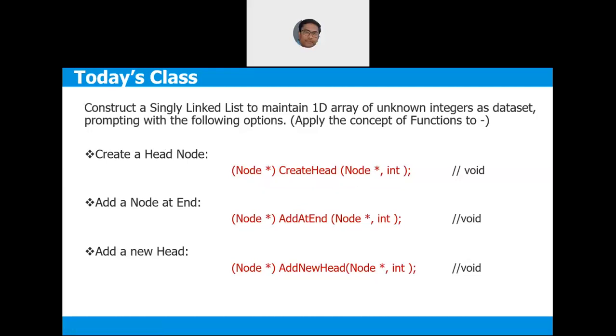So I want everybody to start observing the program, and I don't want you to write it. Writing you can do later. And I'm also assuming that at least you have done the singly linked list first program, so that concept-wise you are now clear what is happening.